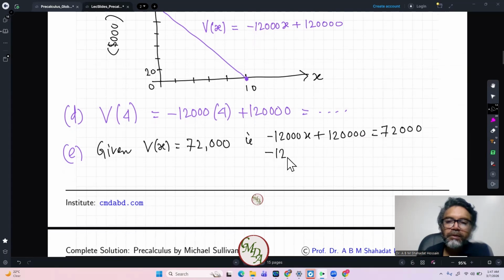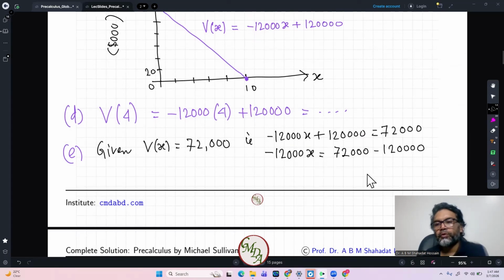So minus 1,200x equals 72,000 minus 120,000. You can solve it and you get minus 48,000.